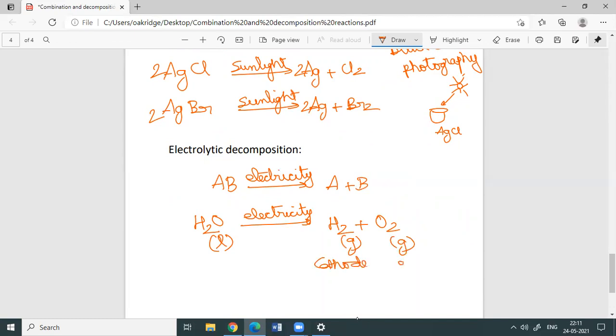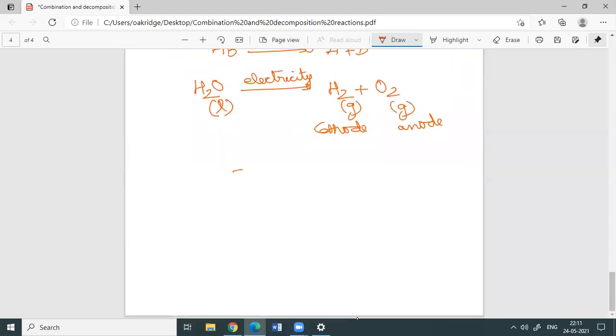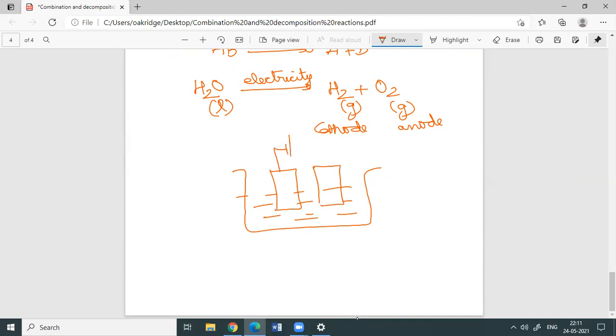It's electrolytic. Electrolytic means you will take a beaker and put some water, and then take two electrodes. Cathode is connected to the negative terminal and anode is connected to the positive terminal.